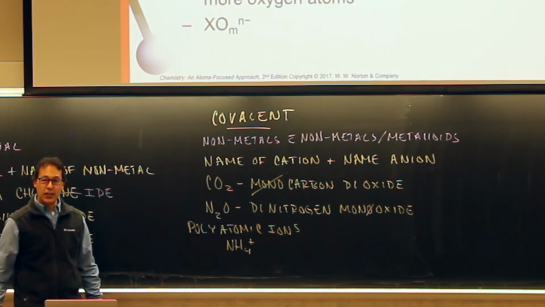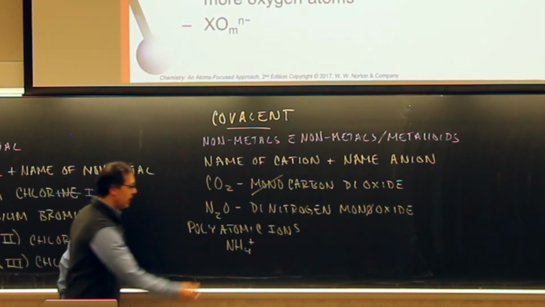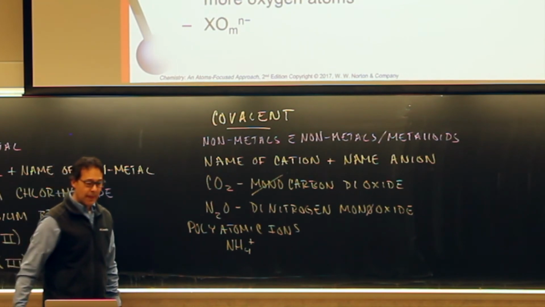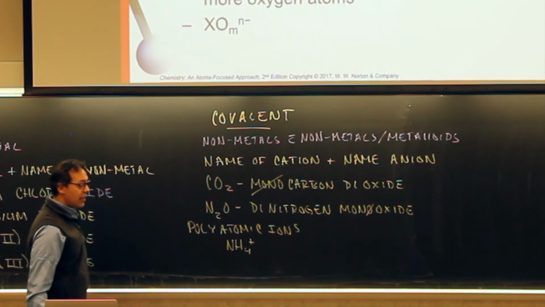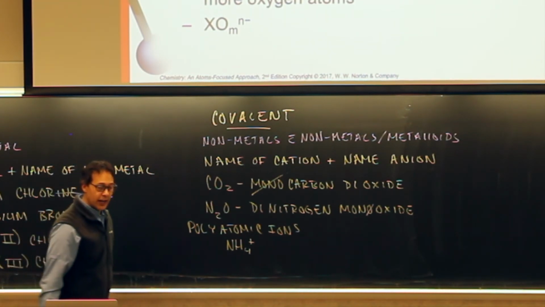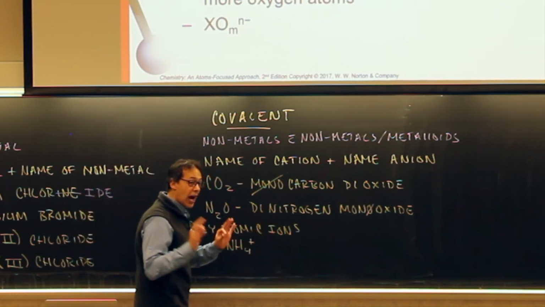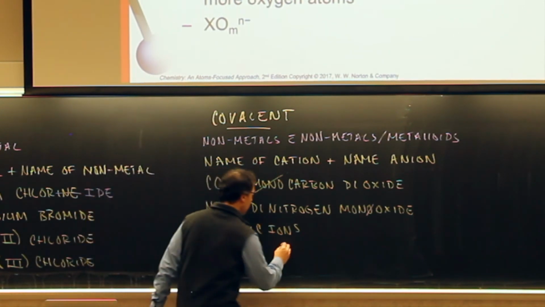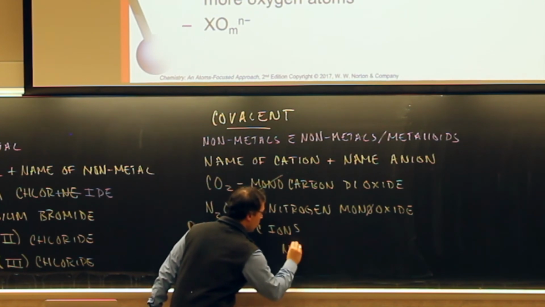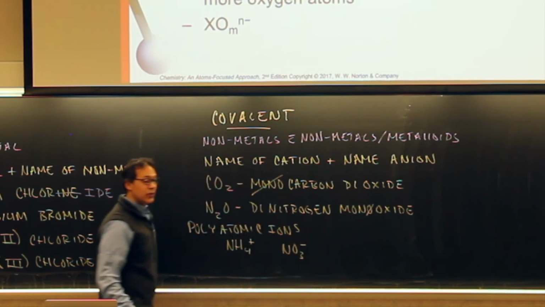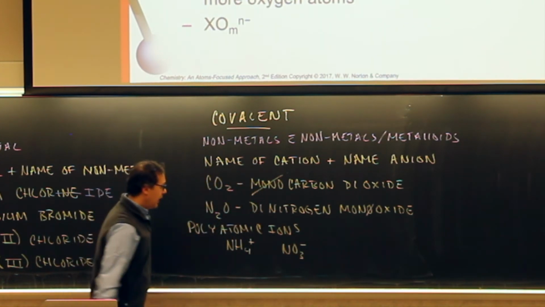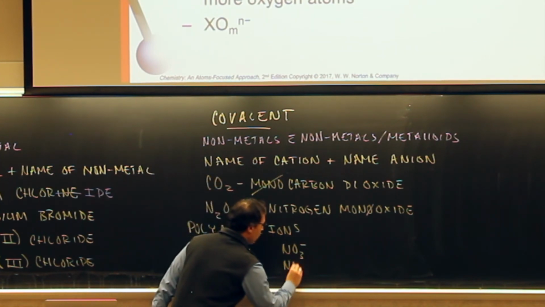That's ammonium. It's a group of atoms joined together and they have a charge. That is a polyatomic ion. Now we do have these oxoanions, where they are things with oxygen. So for example, we have NO3-. This is nitrate. And then we have NO2-.